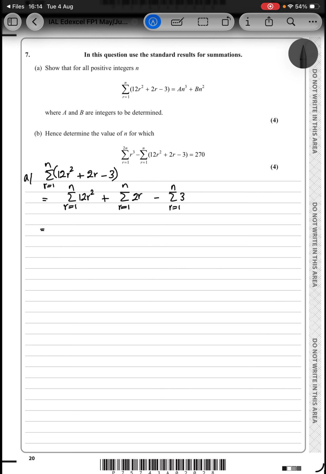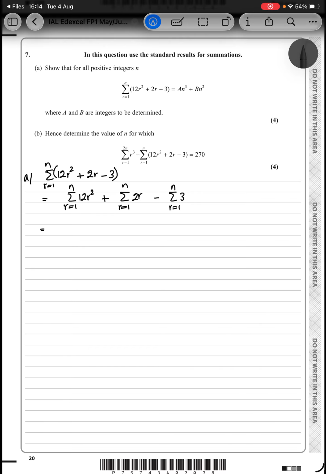Now the first term is 12r squared, and we know the formula for the sum of the squares of the first n natural numbers, which is the summation of r squared, from the formula booklet, which is 1/6 times n plus 1 times 2n plus 1.